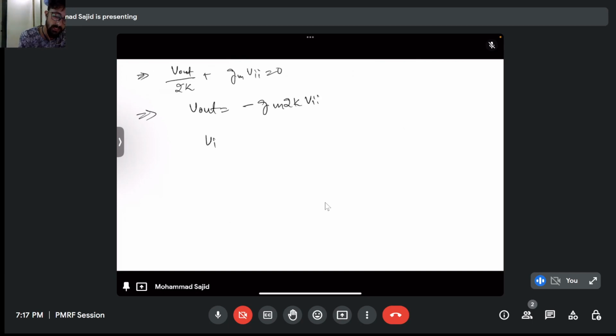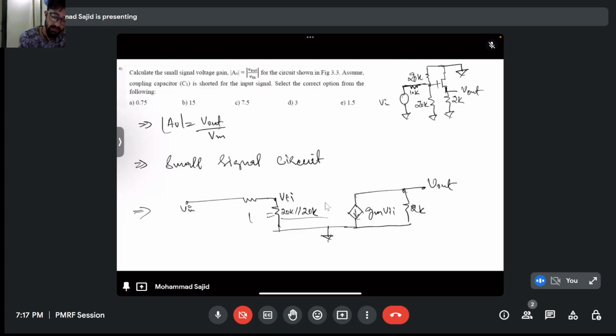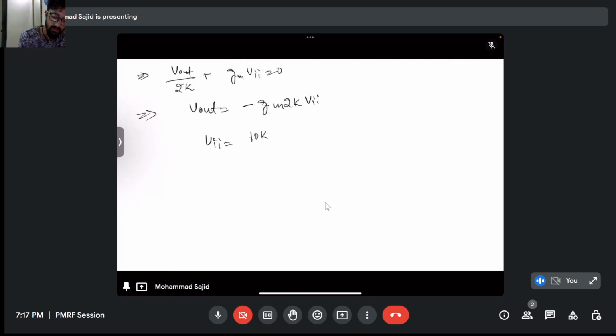And your Vπ is equivalent to, this is 20K parallel 20K, that is 10K. This is also 10K. So your Vπ will be equal to 10K divided by 20K times V input, right? So Vπ will be equal to V input by 2.